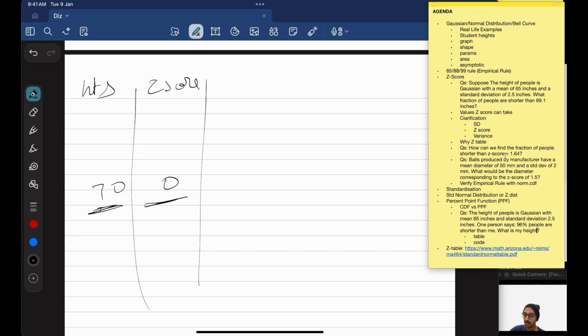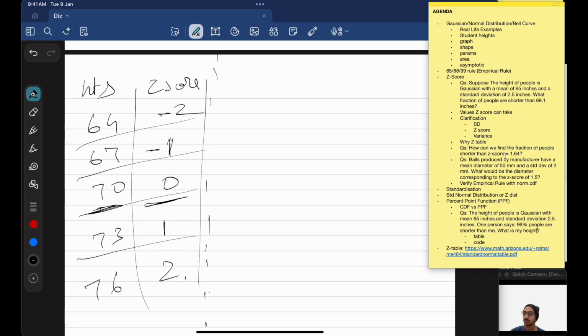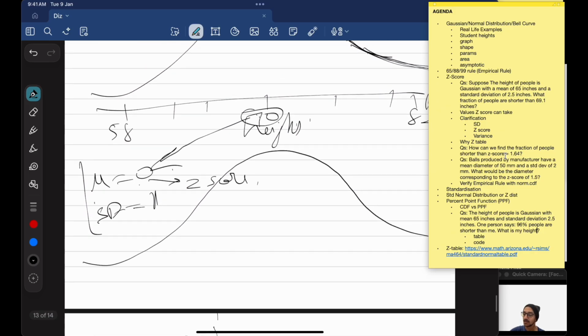So here maybe one standard deviation, let's say the standard deviation is 3, so 67 will be -1, 64 will be -2, etc. And here 73 will be +1, 76 will be +2, right, etc. So this is just a direct one-to-one mapping of these values.